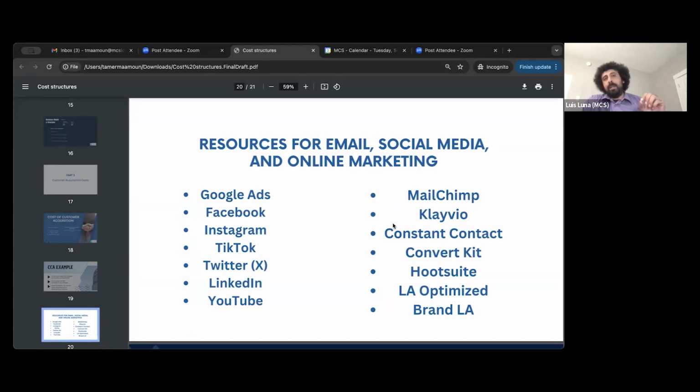They provide a robust service as a nonprofit to help small businesses with all of these things to keep your cost of customer acquisition down, because MailChimp, Klaviyo, Constant Contact, all of these have their subscription models, and they have different tiers of what you can and can't do, and they can be pretty costly. So if you've been open long enough, you can go with LA Optimize.